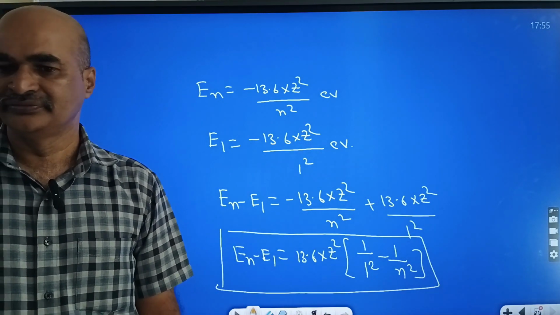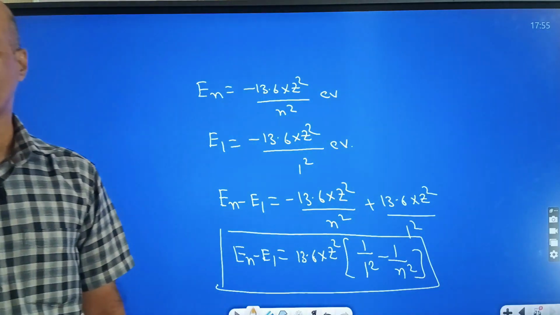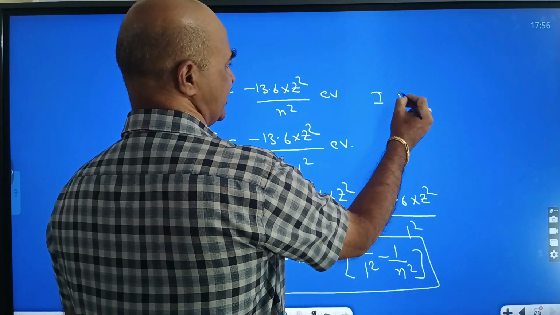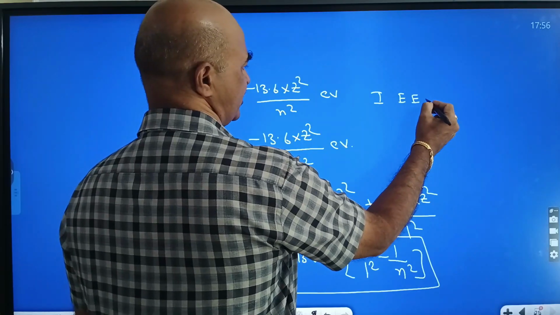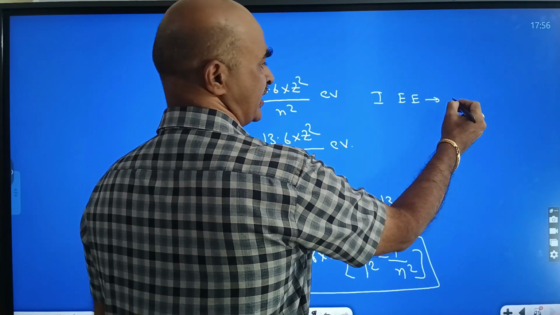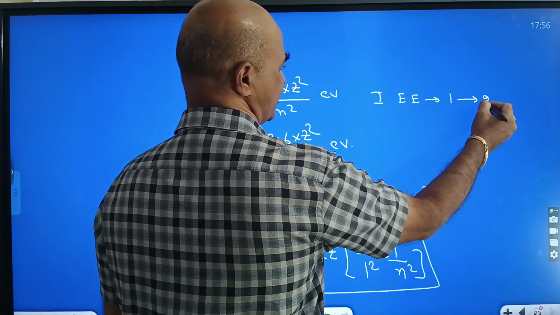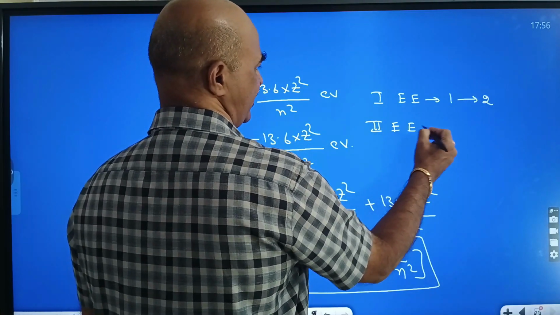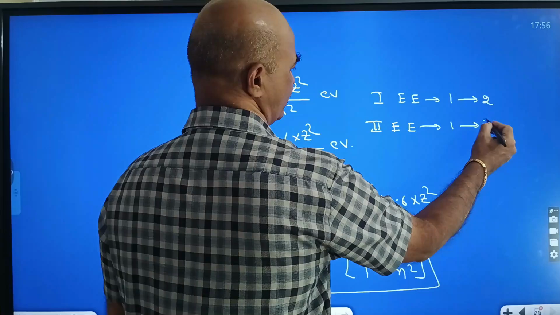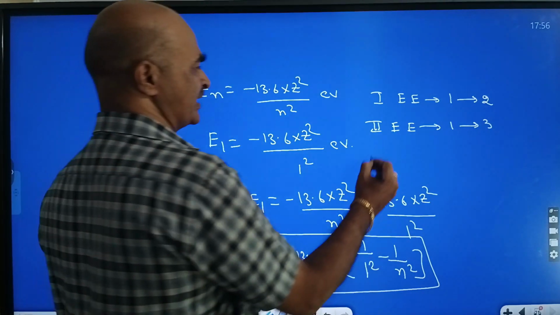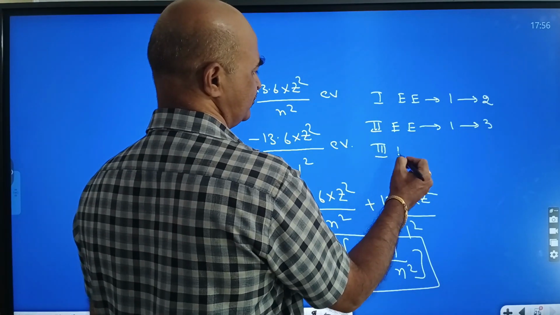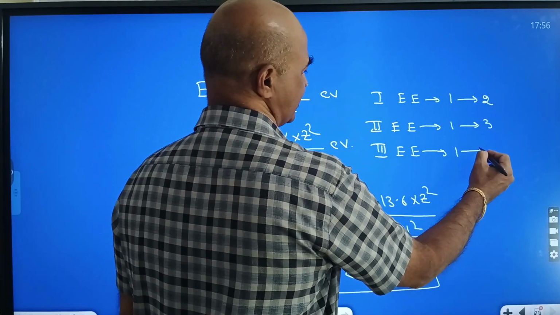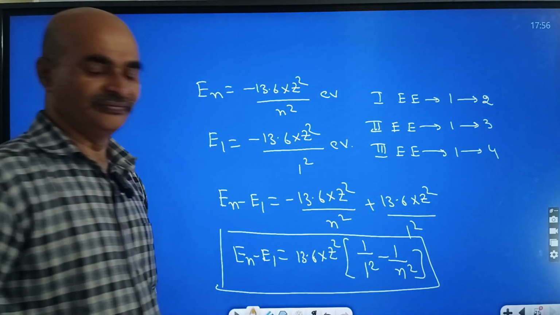First excitation energy means the electron is excited from the first orbit to the second orbit. Second excitation energy means the electron is excited from 1 to 3. Third excitation energy is the electron excited from 1 to 4.